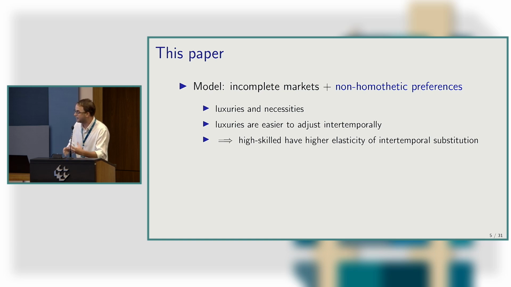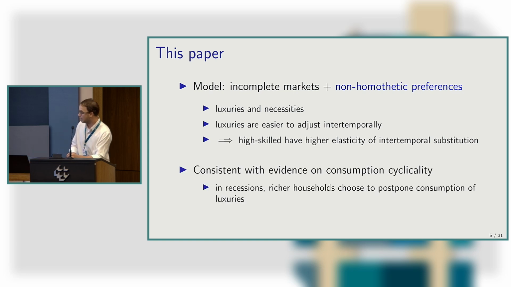That would imply that the richer the household, the higher its elasticity of intertemporal substitution, because of its choice of consumption baskets. And then I show that the model is consistent with the evidence on consumption cyclicality, in particular because in recessions, these richer households will choose to postpone the consumption of luxury goods.